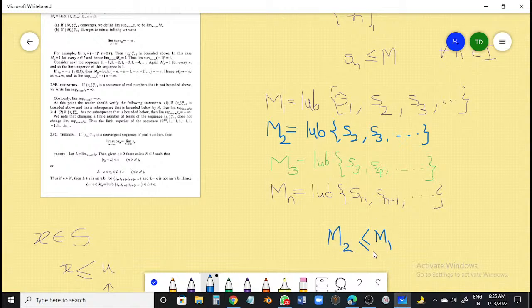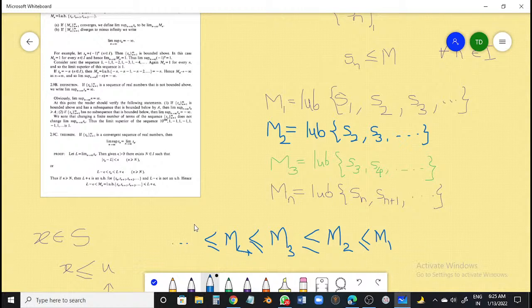We have taken the largest term out. So naturally, from the next term onwards, it will be smaller. Then M3 will also be smaller than that. And so on. So what do we get? We are getting a decreasing pattern, a monotone decreasing sequence.